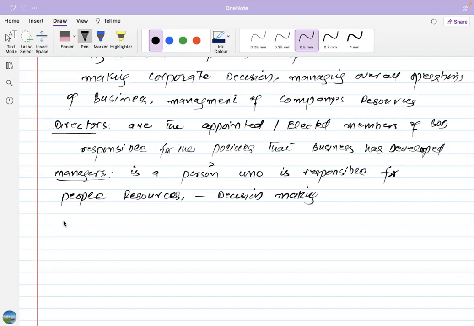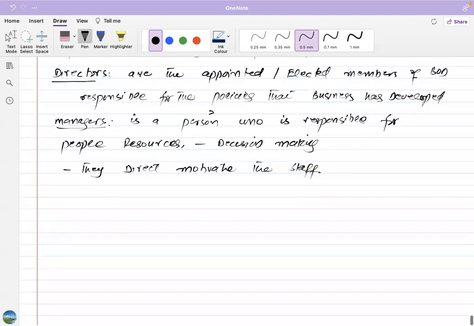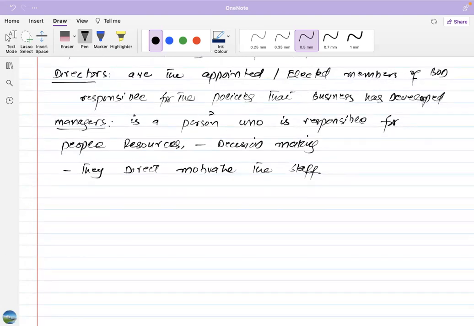They direct, motivate the staff, etc. They create discipline among the employees.